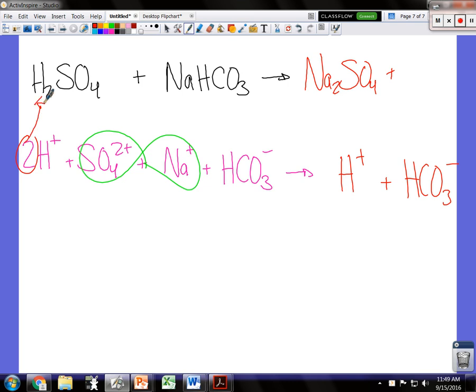That 2 is for this thing, not that thing. Could you write it like this? But how ridiculous does that look? That looks stupid. But is it true that that's technically your ion-to-ion connection? Yes. How would you really write it? H2CO3. So write that down as your other product.